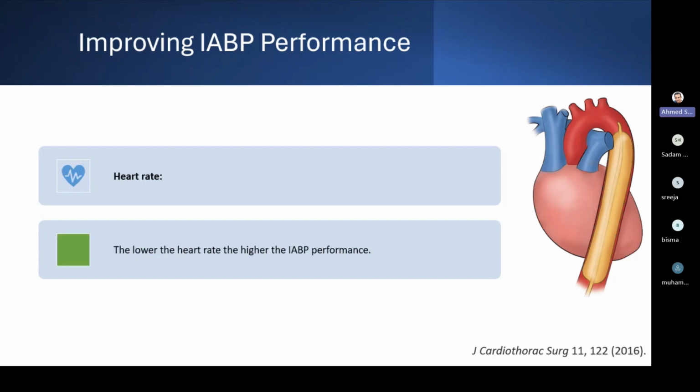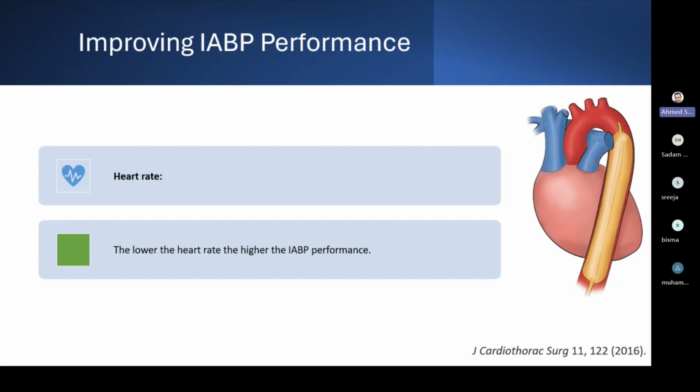The heart rate: the lower the heart rate, the higher the performance of the intra-aortic balloon, because when you decrease the heart rate, you increase the time for the diastole, which is the time for the balloon inflation. So the patient will achieve maximum benefit from the intra-aortic balloon.